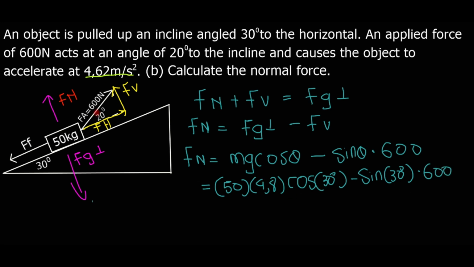This angle we use only when we want to calculate these components. We do not use it when we calculate FG parallel or mg perpendicular. Anyway, our Fn will give us 219.14 newtons. So this is our normal force.